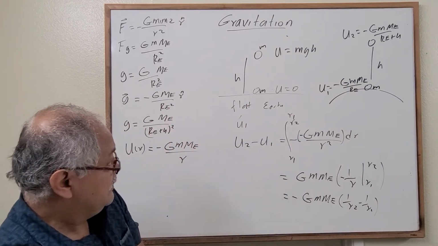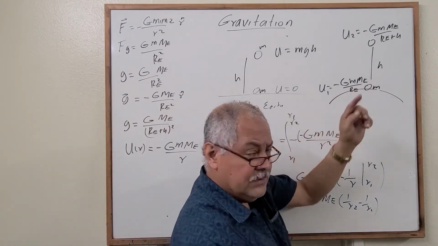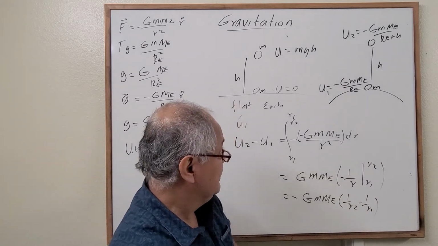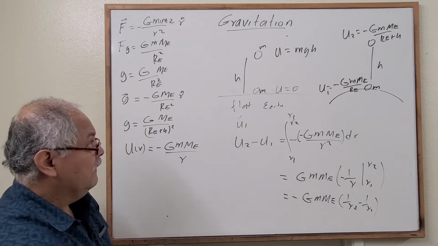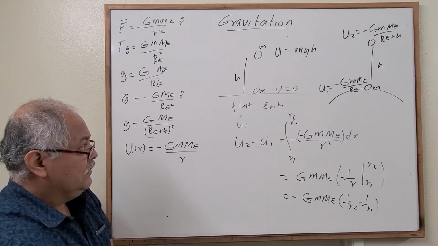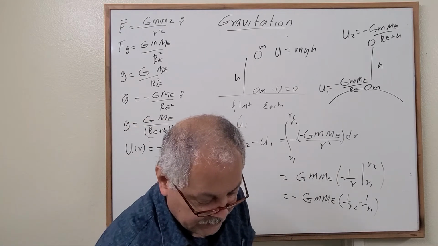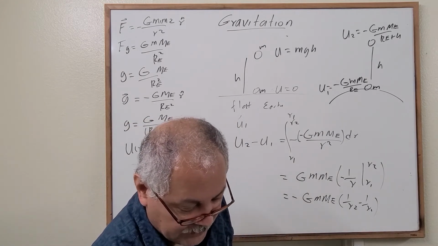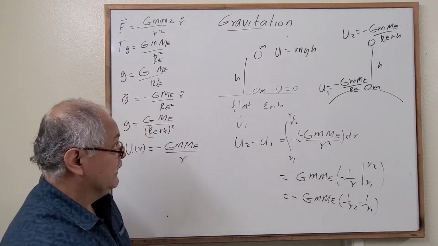Okay, and that's when we have flat Earth and when we have the Earth as a planet. We have the difference in the gravitational potential energy. Correct? Okay, perfect.